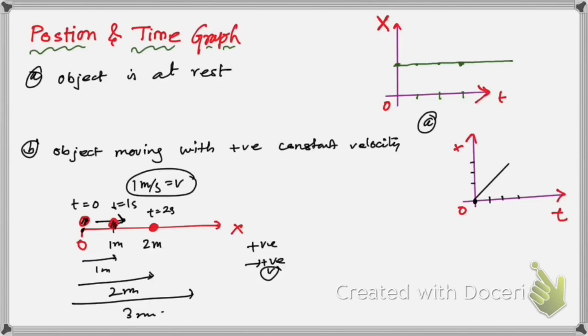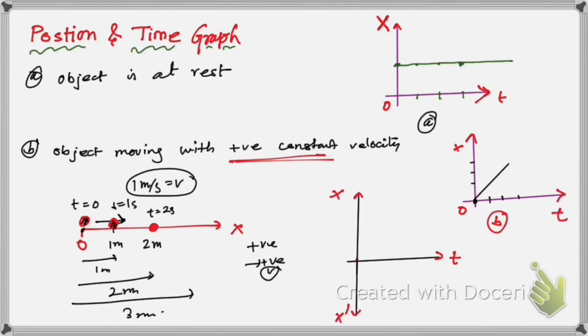So this is for an object moving with constant positive velocity, right? So what if it is moving with a constant negative velocity? Then the graph should be like this. Here the horizontal axis is the time axis, and this is the position axis, and here you see this is the opposite direction, suppose this is x dash, right?